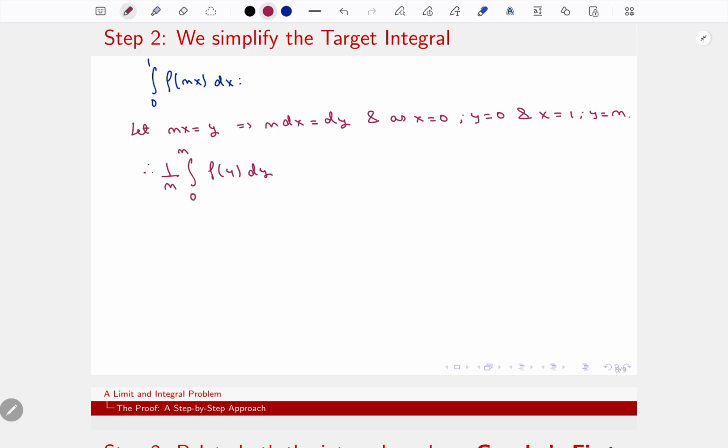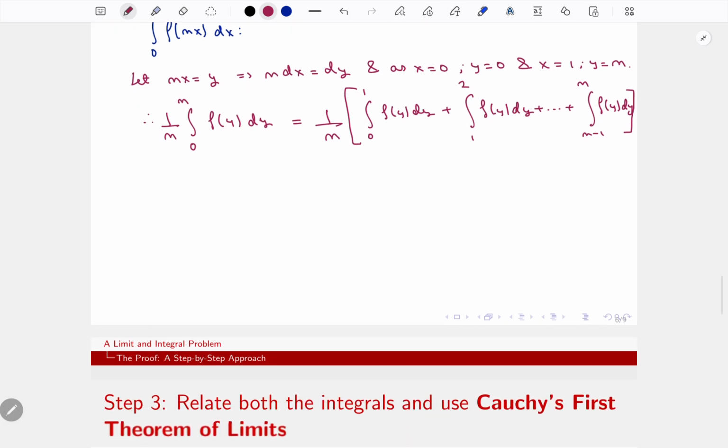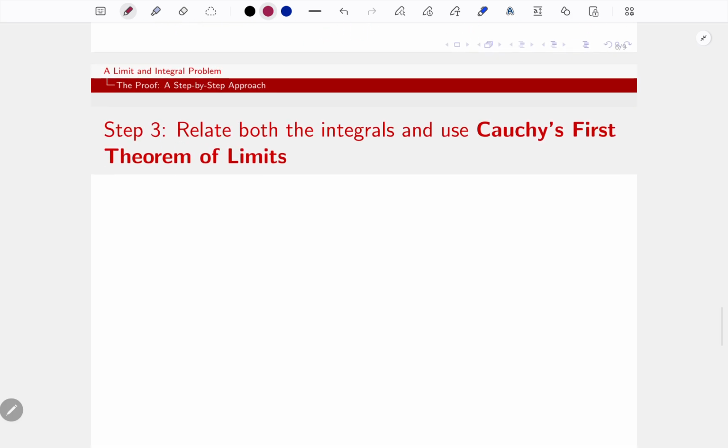Pretty easy. But now actually we are done. Observe that I can write it as 1 upon n times the bracket of the integral from 0 to 1 of f of y dy, plus the integral from 1 to 2 of f of y dy, and so on and so forth, up to the integral from n minus 1 to n of f of y dy. Let me take this to be double star and continue in the next slide.